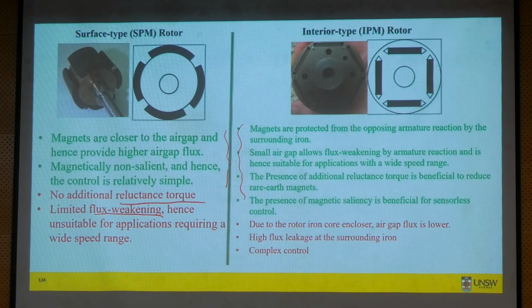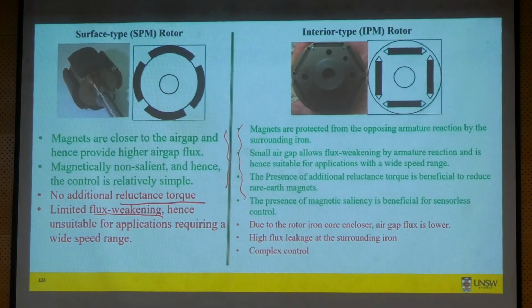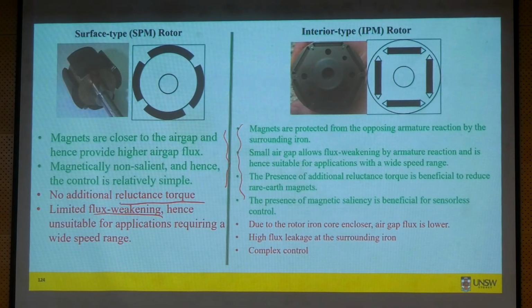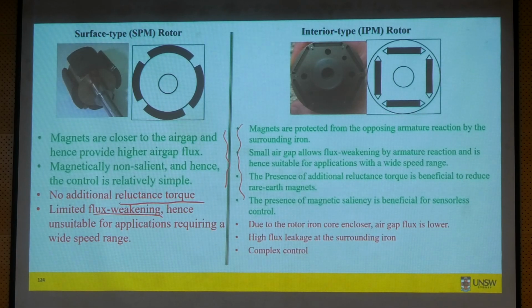Okay, it's mostly IPM. So IPM has another advantage, that since it is surrounded by the iron, it also has relatively less demagnetization risk compared to a surface type.